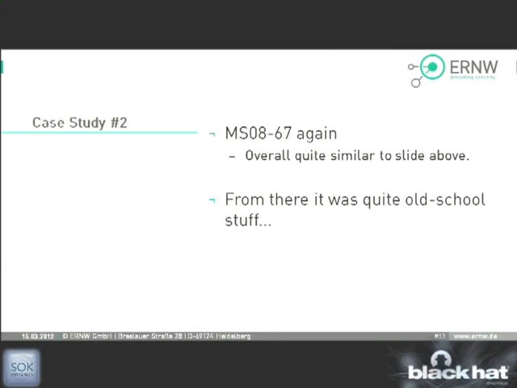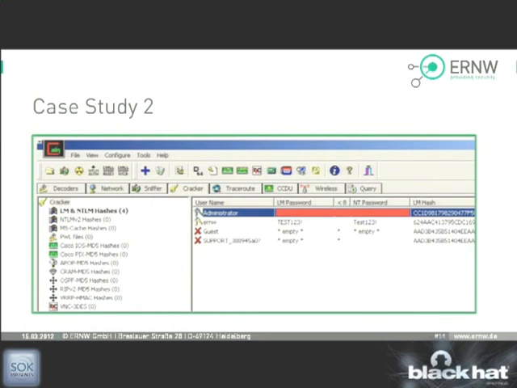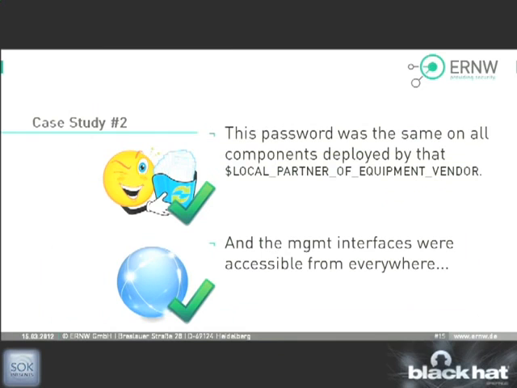There might be unclear roles and responsibilities, and this leads to exactly this kind of problems. So it was MS08-067 again, which in that environment meant we grabbed the passwords from one of the compromised boxes, which turned out to be the passwords for the media gateways and all the other stuff as well.